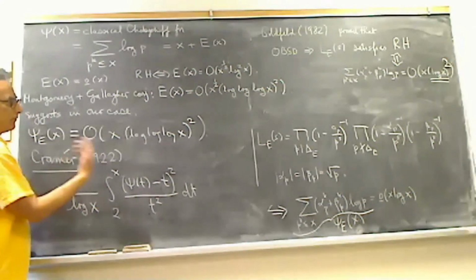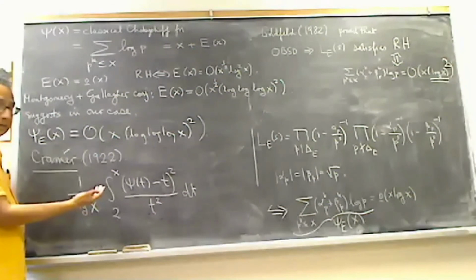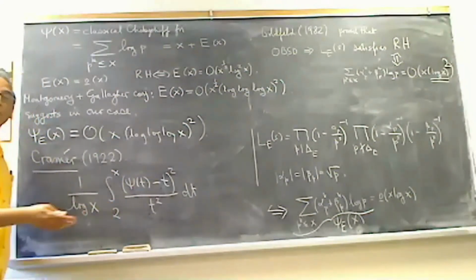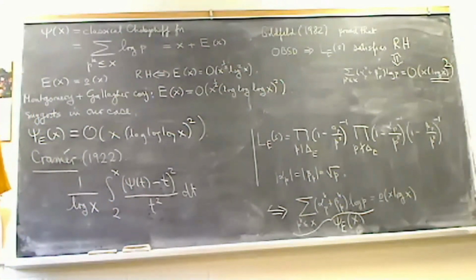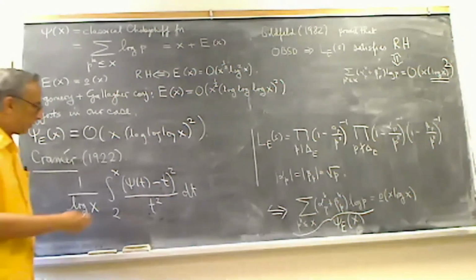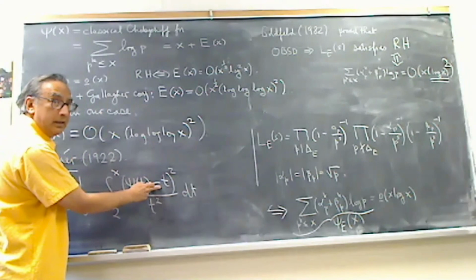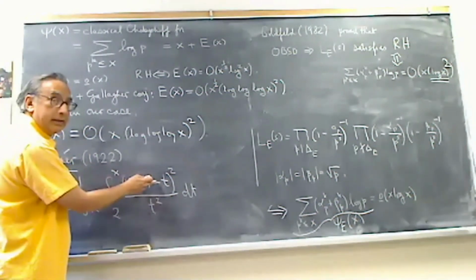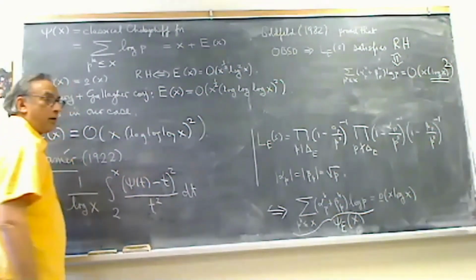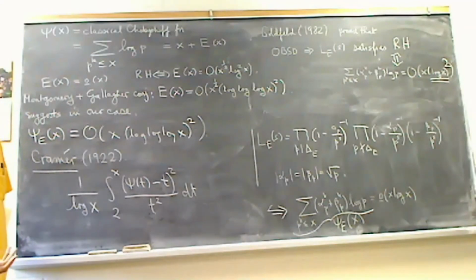If you have the Riemann hypothesis, this is going to tell you it should be like root t times log t squared. And so when I square it, it'll be t times log t to the power 4.